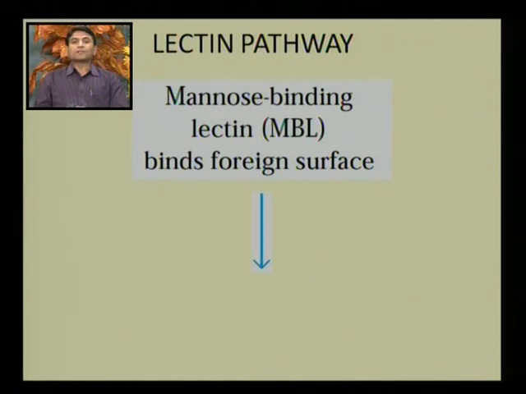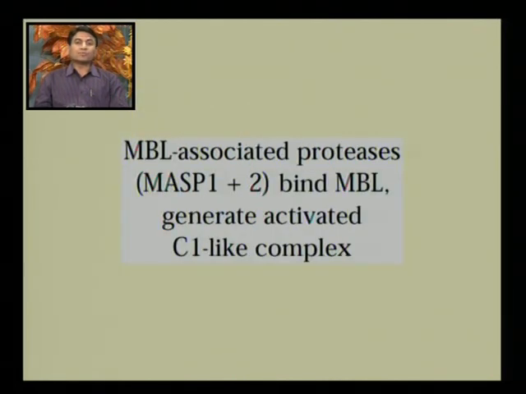This lectin pathway, also known as mannose binding lectin, that is MBL, binds to the foreign surface, and this is known as the protein MBL associated serine proteases 1 and 2, that is MASP1 and 2. These bind MBL and generate an activated C1 like complex.